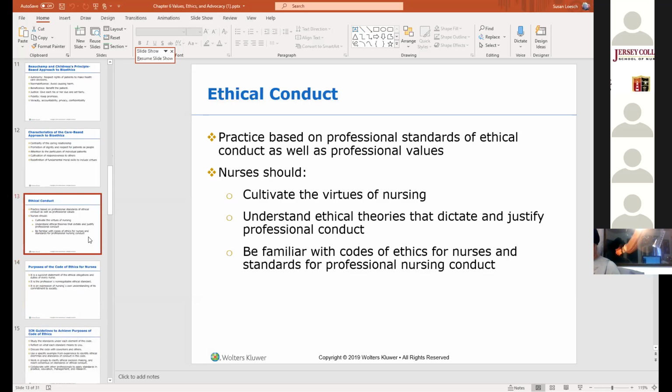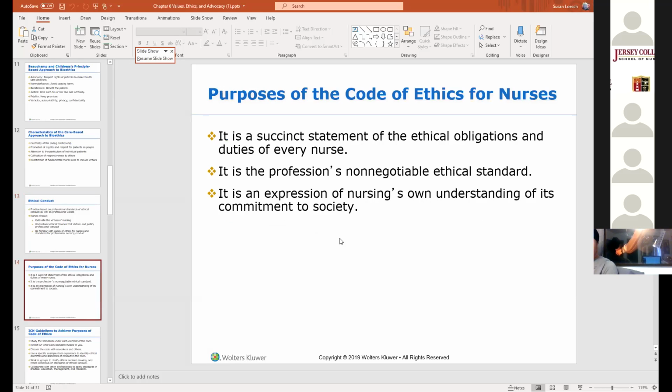You should know your codes of conduct, and your ethics and your standards of profession. So you can find the Code of Ethics under the International Council of Nurses Code of Ethics. There's a little link in your book on page 105 that would take you there. The reason why we have the Code of Ethics is because it helps us to understand the obligations and duties of us as a nurse.